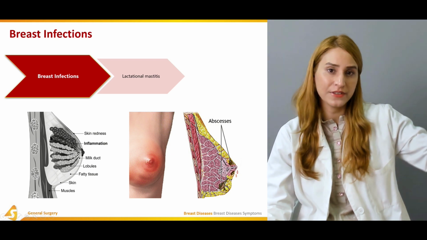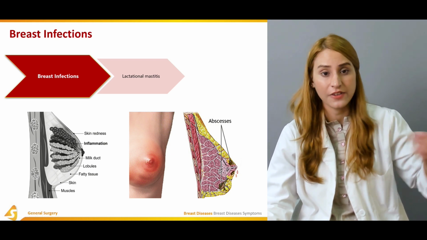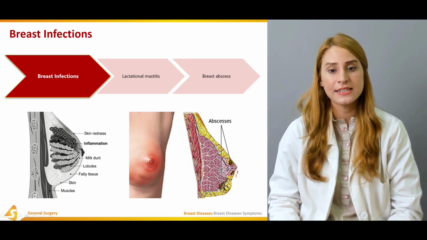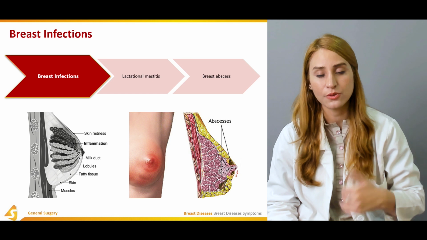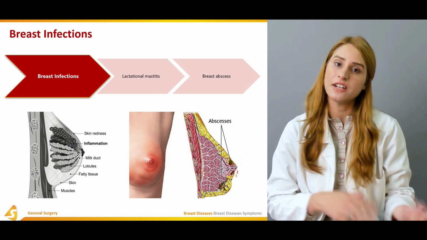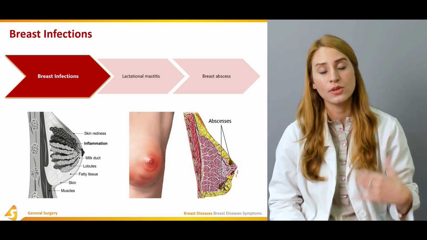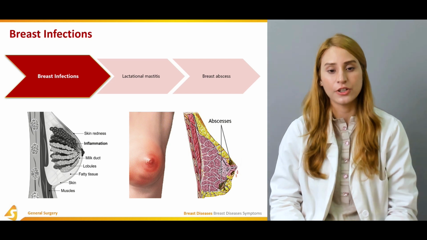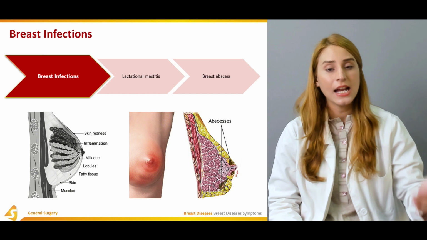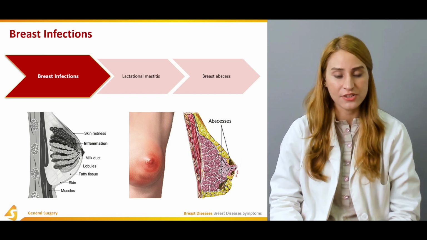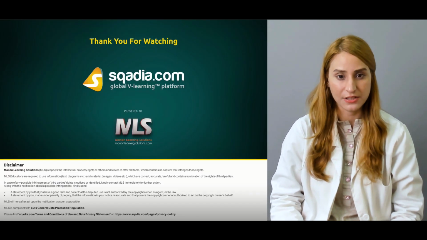In 90% of the cases it is Staphylococcus aureus. Breast infections include lactational mastitis, and they also include breast abscesses. You have to drain the abscess, or you have to give antibiotic cover for maybe a week or a couple of weeks, and then it subsides gradually with a response to the antibiotic, right?